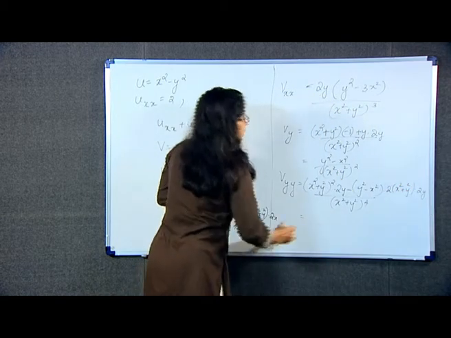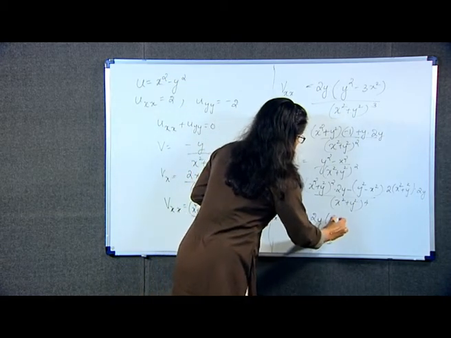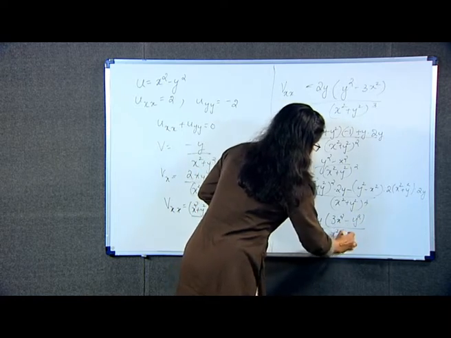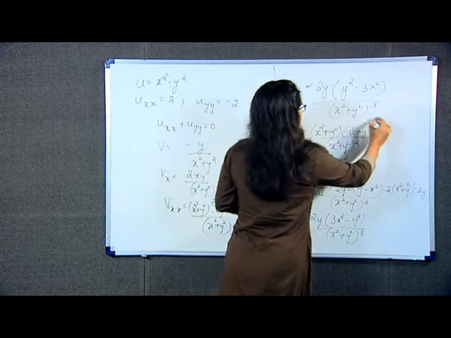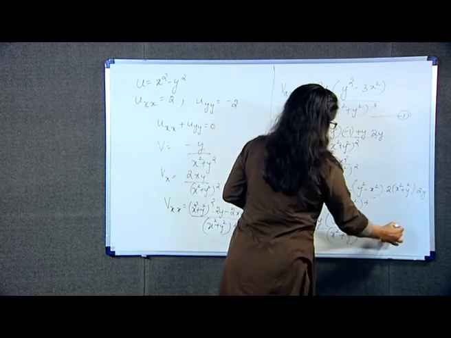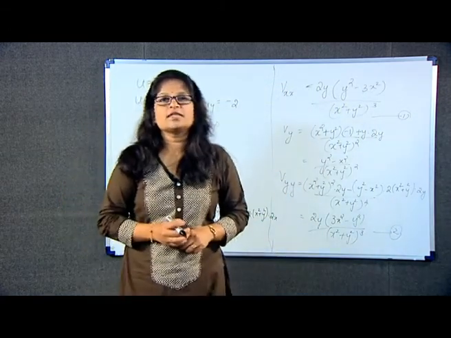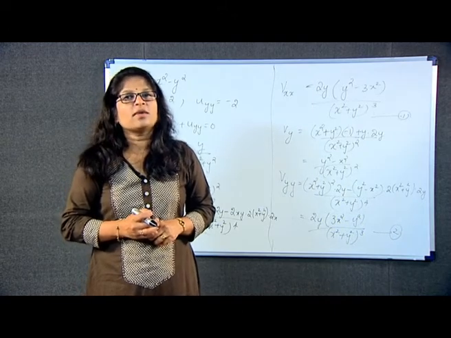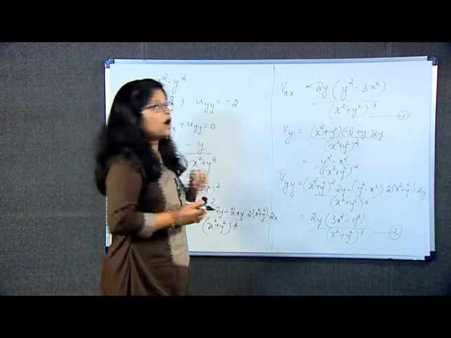Again this simplifies to 2y into 3x square minus y square divided by x square plus y square the whole cube. From these two equations, I call them 1 and 2, you can easily verify that Vxx is minus of Vyy. So the Laplace equation is satisfied by v also.